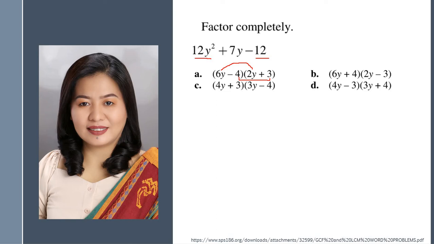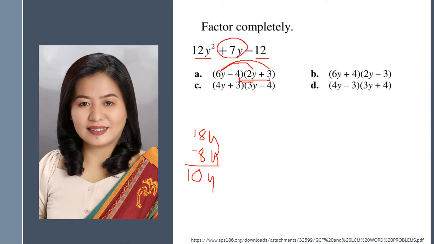To check if it will give us the middle term, we just have to get the sum of the outer and inner products. So 6 times 3 is 18, that's 18y. And negative 4 times 2y is negative 8y. So it will not give us 7y because the sum of the products is 10y.